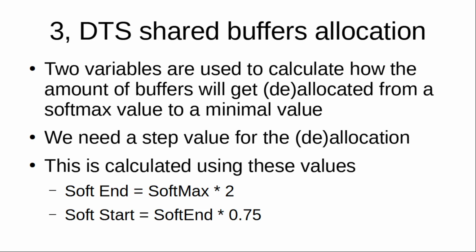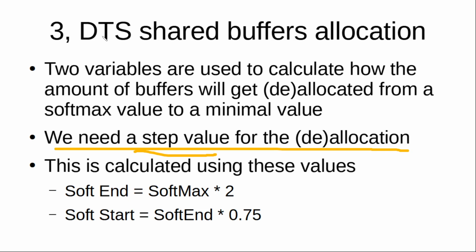It will not just provide them or remove them from your port queues in a single shot. It will allocate and deallocate using a step value. So we need a step value for the allocation and deallocation process, so DTS can provide your ports and queues with buffers and deallocate these buffers from your ports and queues.